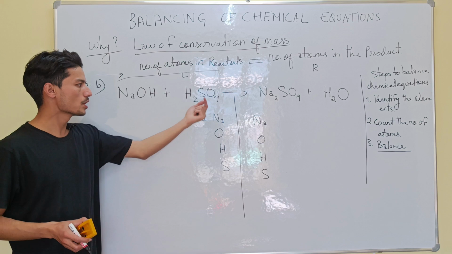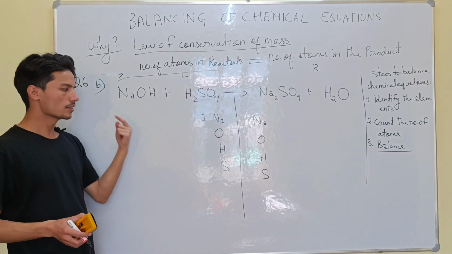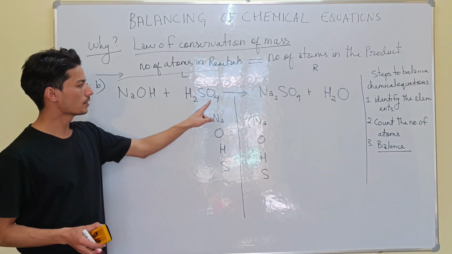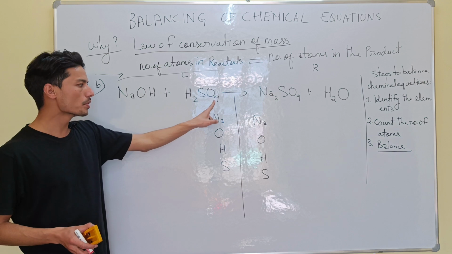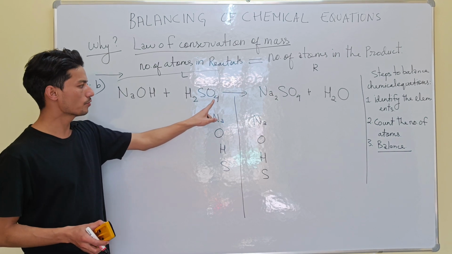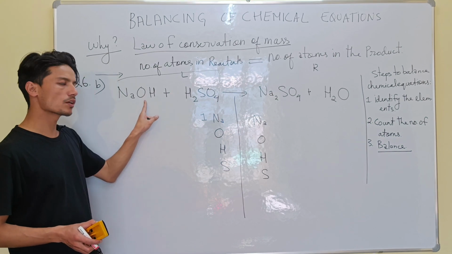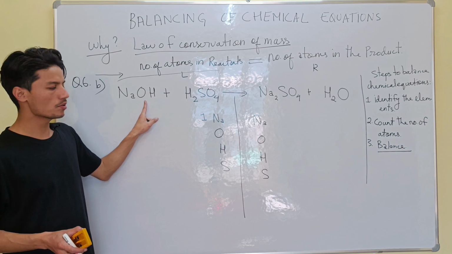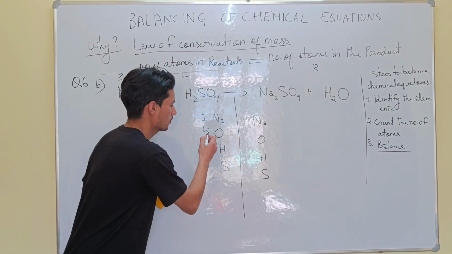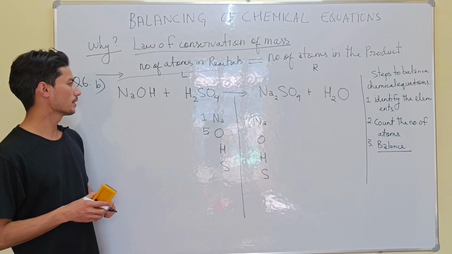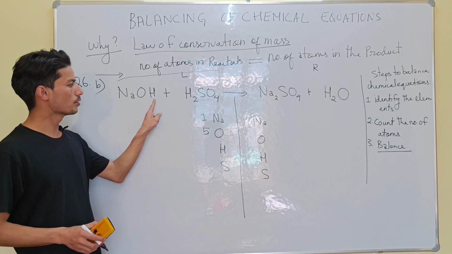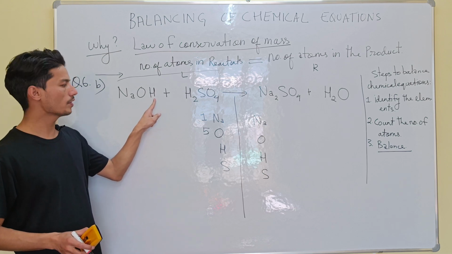While counting the number of atoms, we have to consider the entire reactant side. So we have 1 oxygen here, and do you see this 4? This 4 belongs to oxygen. So we have 4 oxygen here plus 1 here. How much is the total now? 5. So the number of oxygen here is 5. Are you following? Then let us count the number of hydrogen atoms.